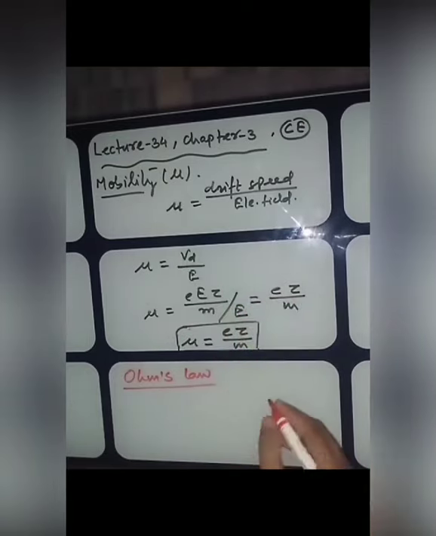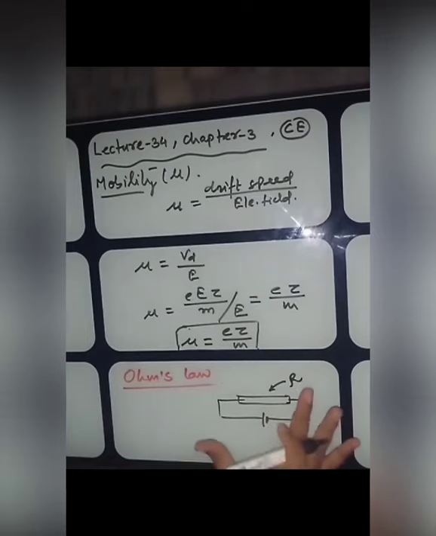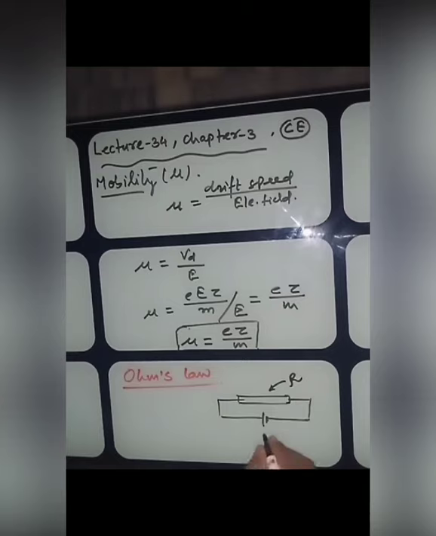We had discussed resistance earlier, but this particular conductor has certain dimensions, and this law was given for certain conditions. Actually that experiment was done under certain conditions. Ohm applied a potential of 1 volt.